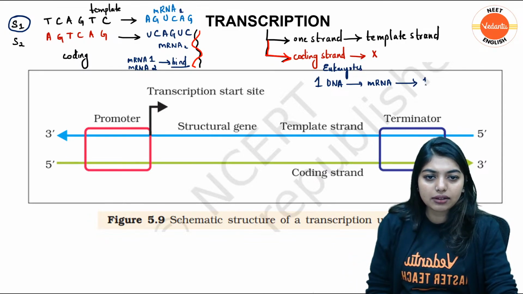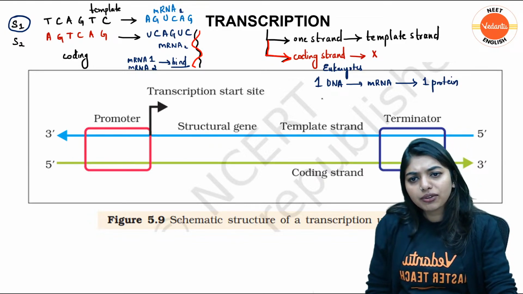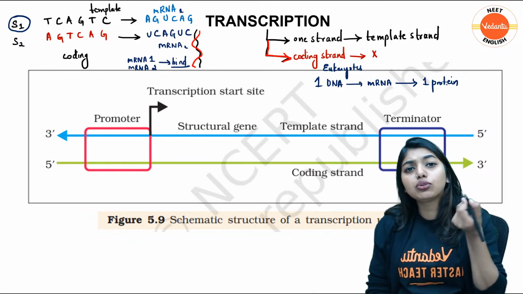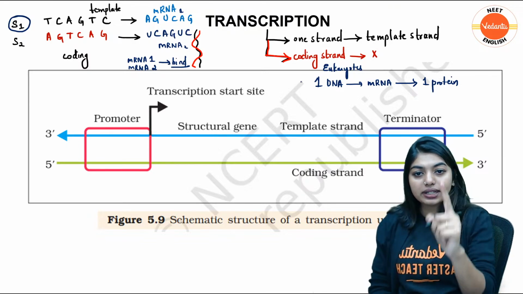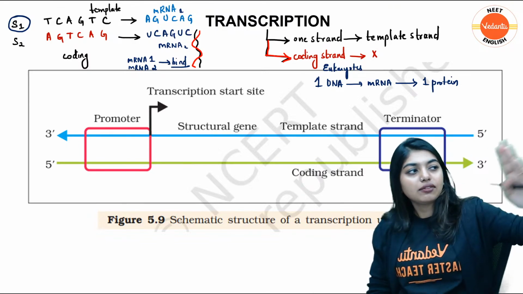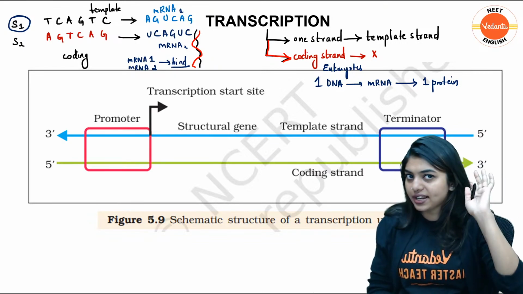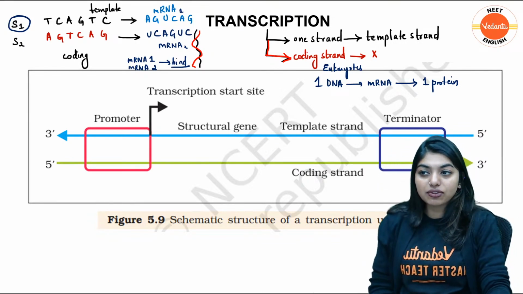That one mRNA will code for one protein. This is the general central dogma. Now, if I take two DNA strands, two mRNA, still both these mRNA will bind. So, I will always follow the central dogma, that is one DNA will form one protein through the process of central dogma. Clear? So, this is the reason why we are not taking two strands of the DNA.